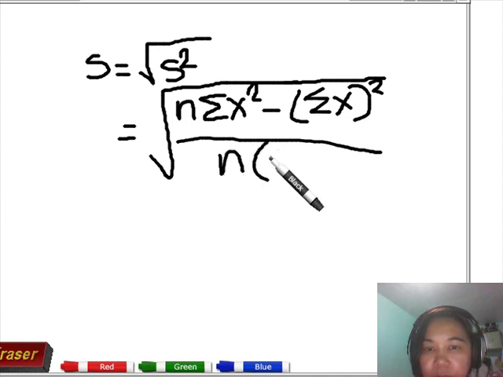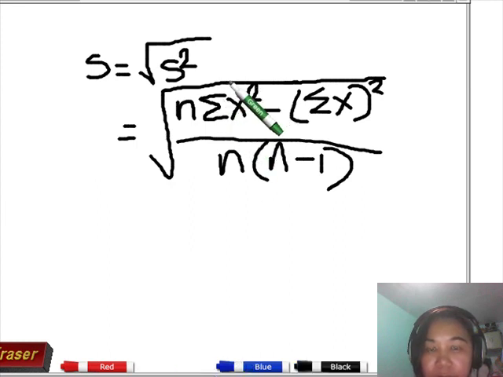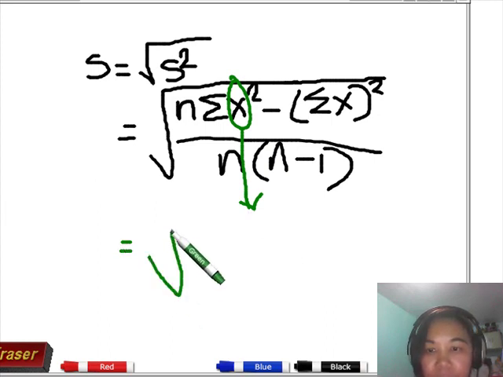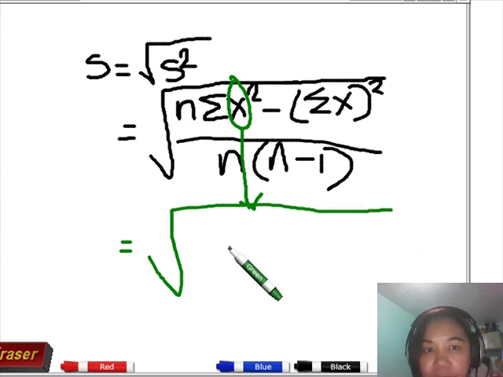Okay, so take note, this is our formula for the standard deviation. So instead of the variable x, since we are after the differences, we write it here: n, the sum of d squared.